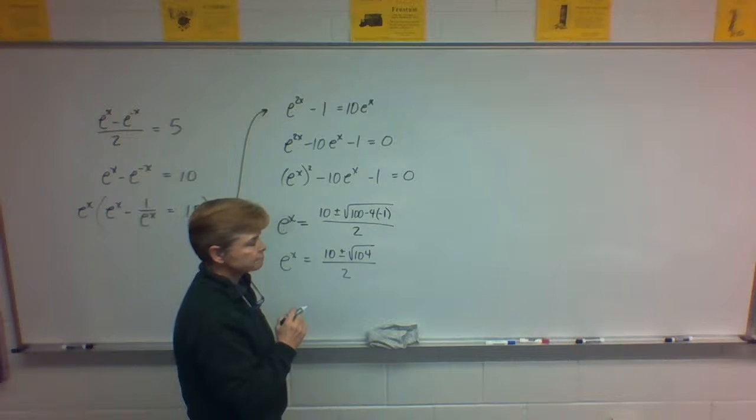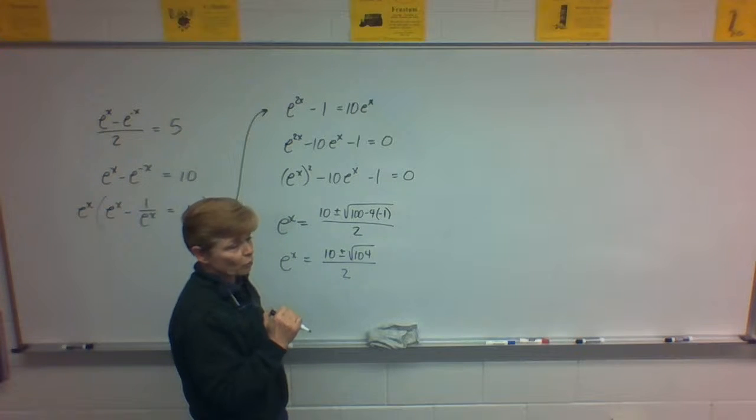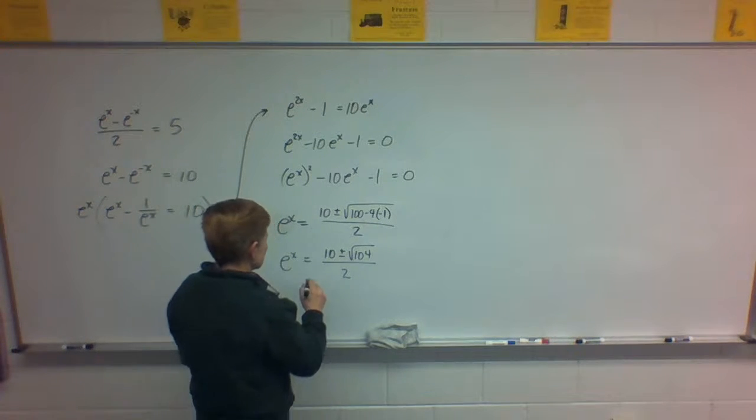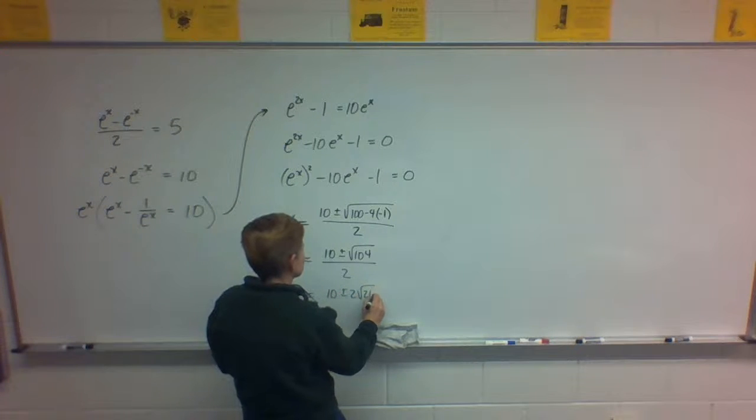Does 104 have any pairs in it? Yes, it does. 26 and 4. So this one would be 10 plus or minus 2 root 26 over 2.